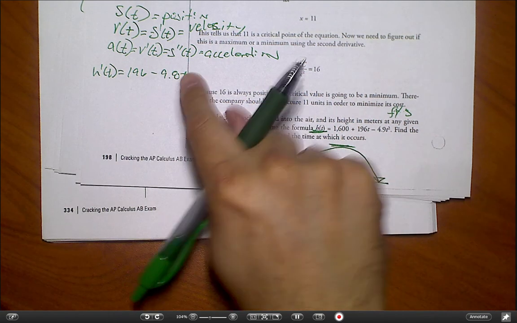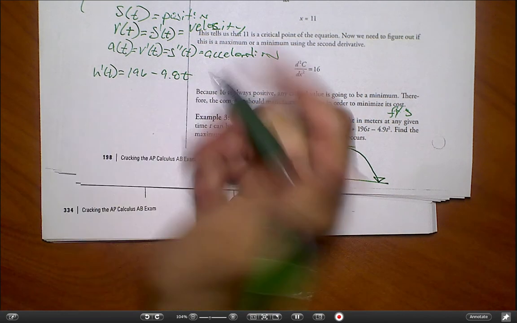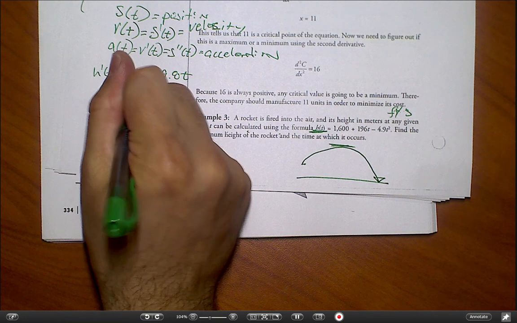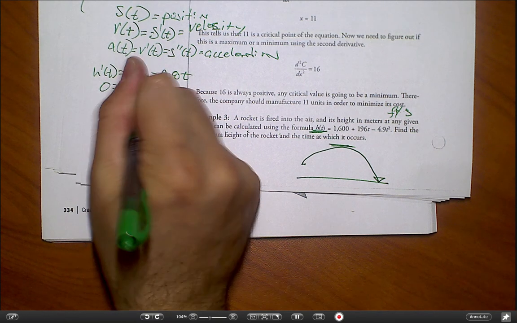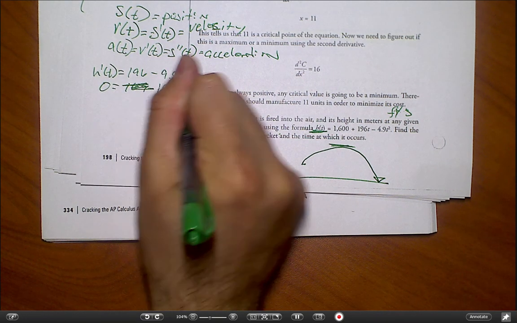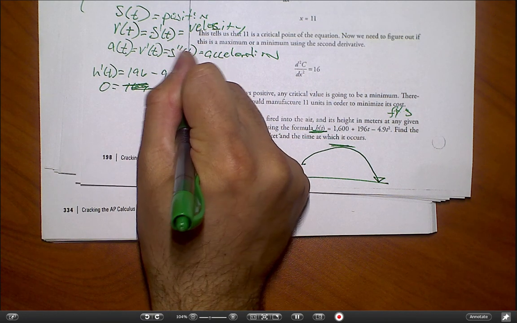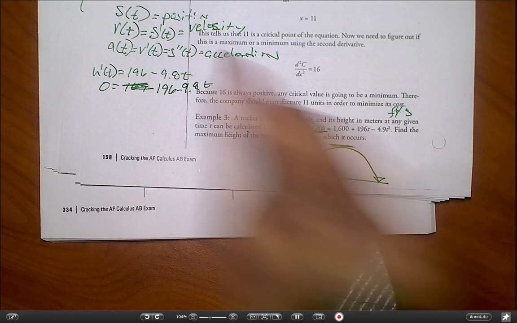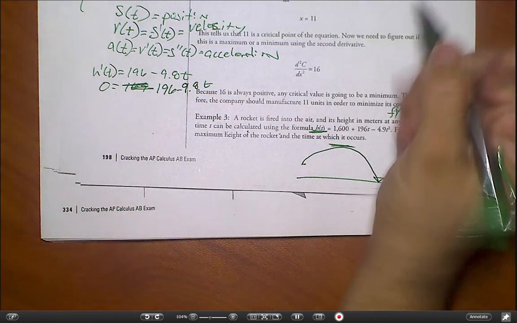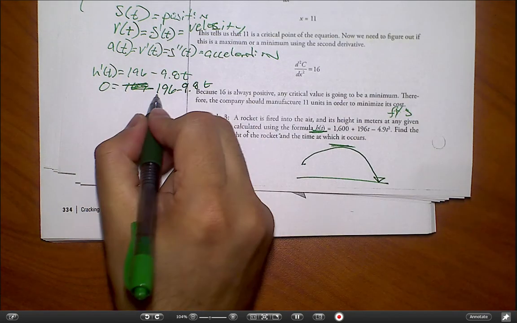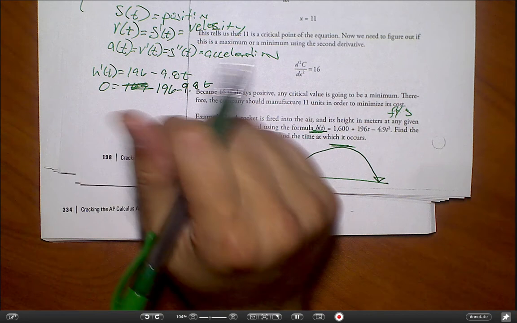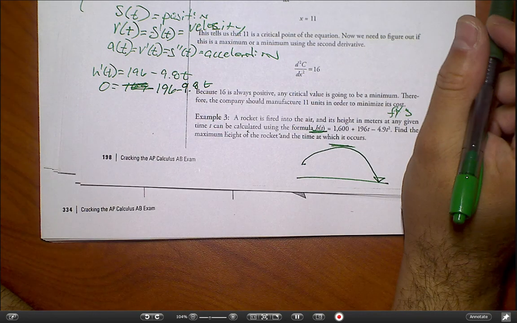Since that is my derivative, I set that equal to 0, so I get 0 equals 196 minus 9.8 t. Oh man, come on, dyslexia. So it's going to give me some value, 196 divided by 9.8.